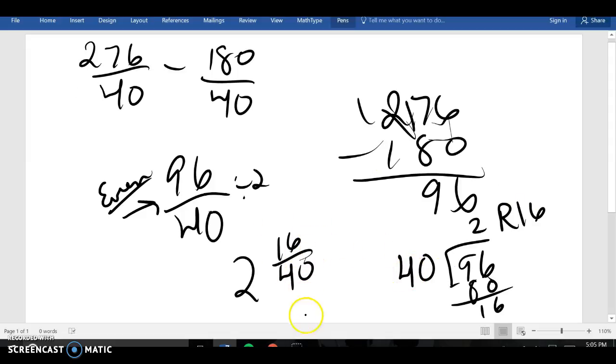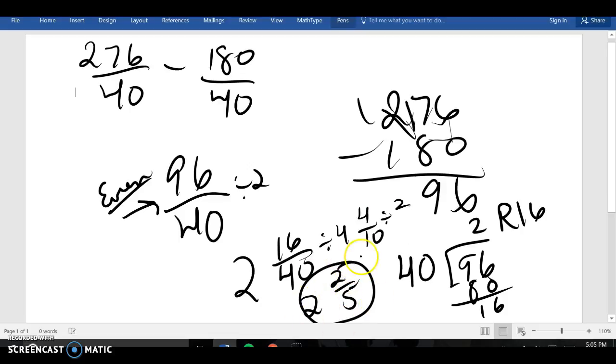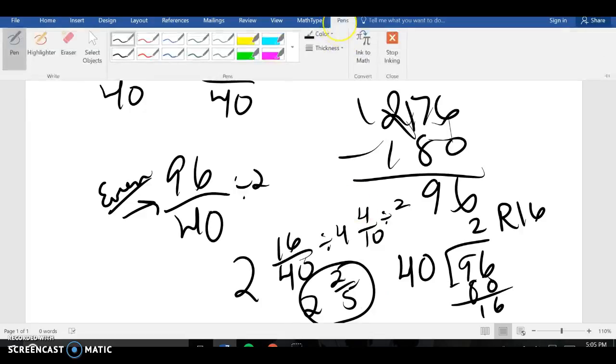So this is not in simplest form. You can divide both of these by 4. And then we've got 2 and 4/10, so I guess we could have divided that by 8. Okay. Divide that by 2, we get 2/5, so our answer is 2 and 2/5. And that is adding and subtracting.